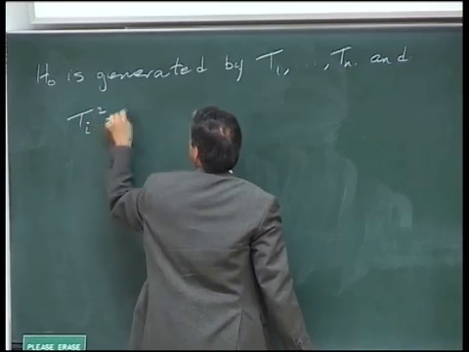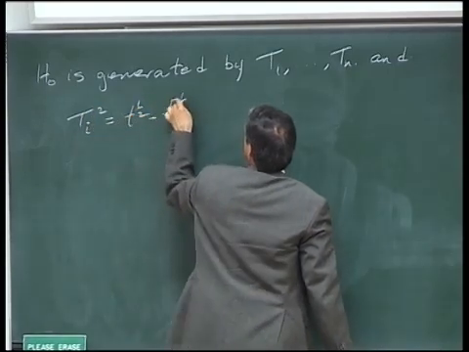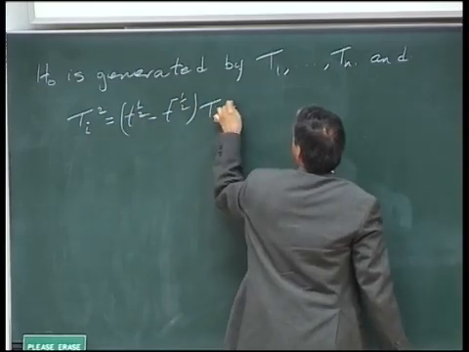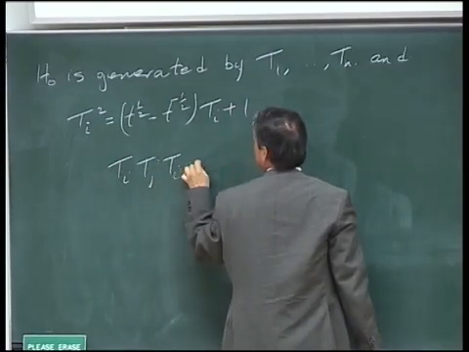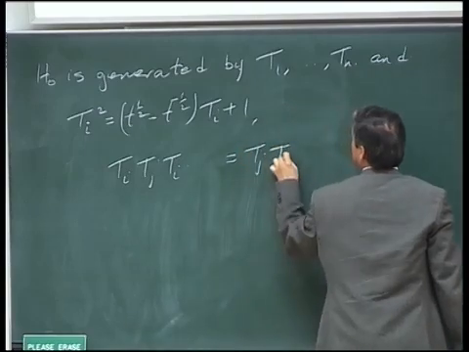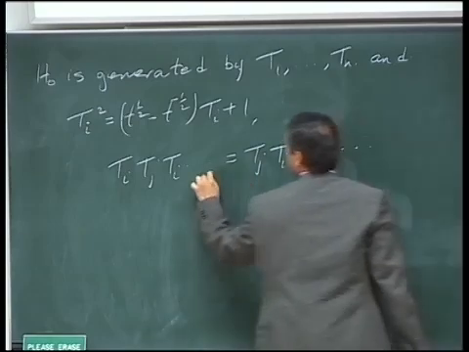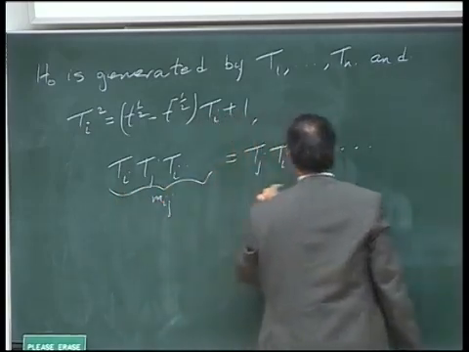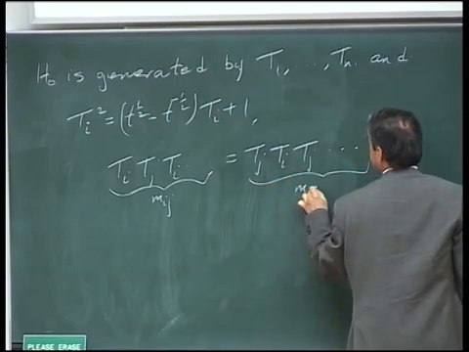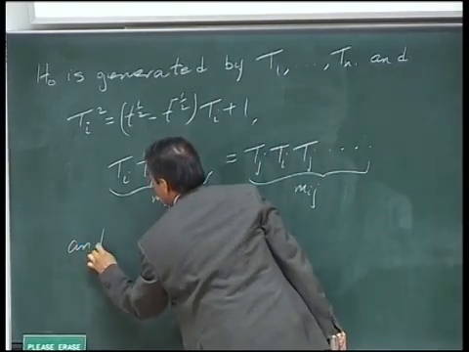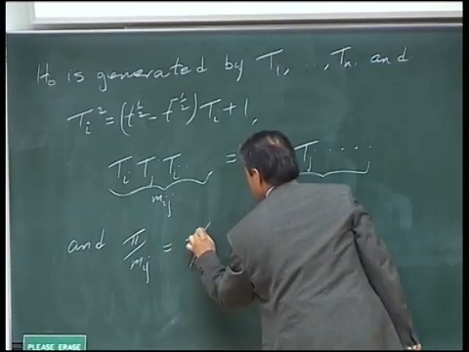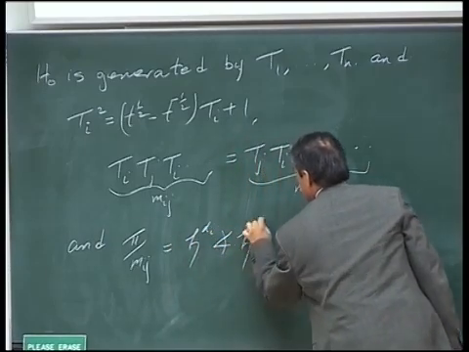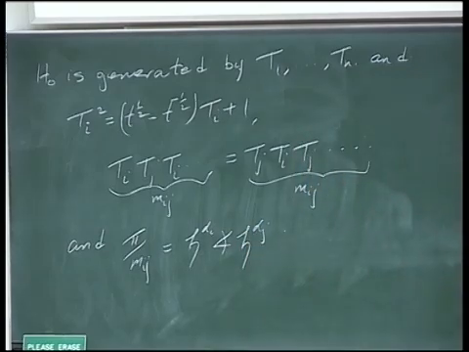Ti squared is (t to the half minus t to the minus a half) Ti plus 1, and TiTjTi... is TjTiTj..., where you have m_ij factors on each side, and pi over m_ij is the angle between the hyperplanes for those corresponding reflections. So in other words, this guy looks just like W naught.